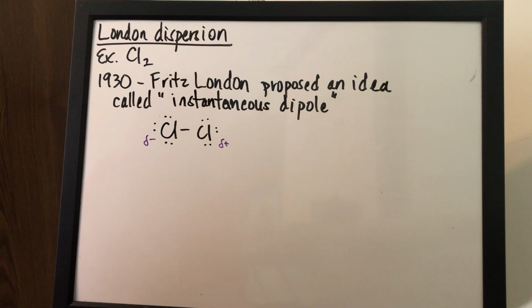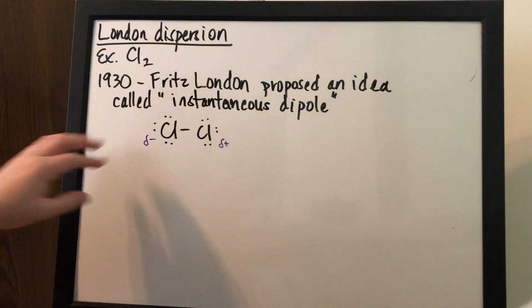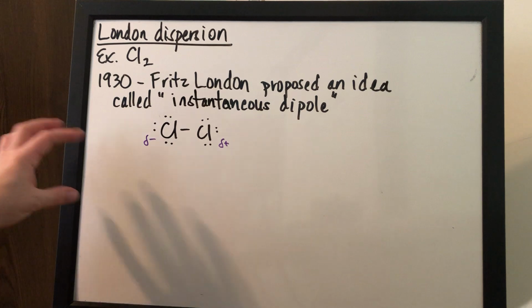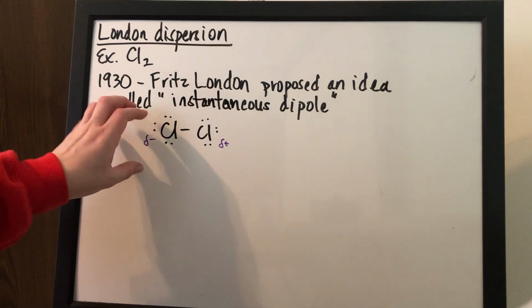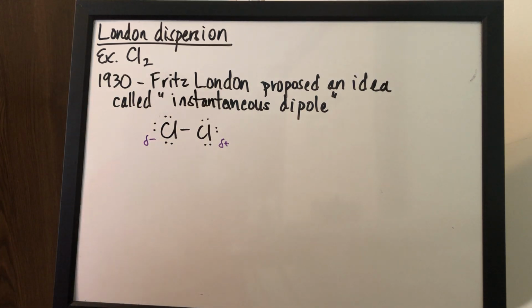And so while these aren't even truly partial charges, this unequal charge distribution creates these temporary dipoles that can then move your electrons. So you have another chlorine molecule that butts up next to the partial negative, and the electrons are going to rearrange themselves because of that temporary partial charge.